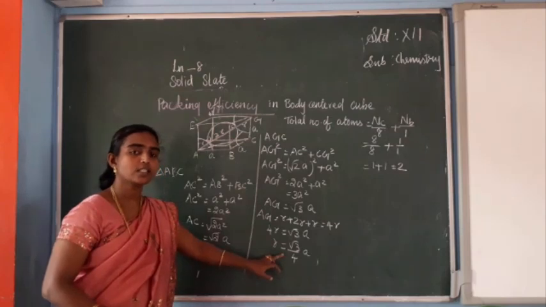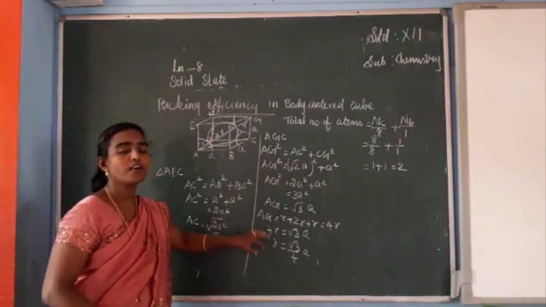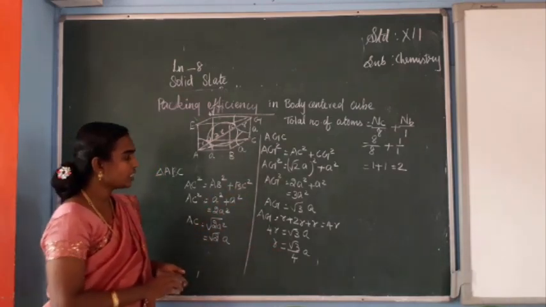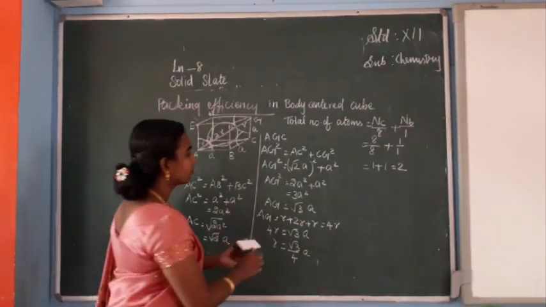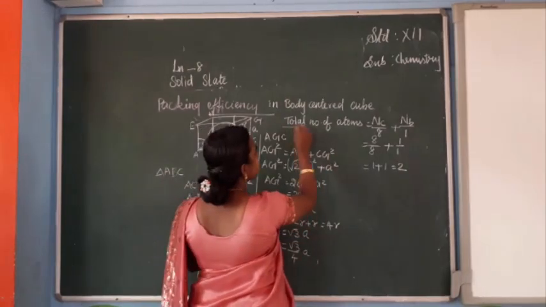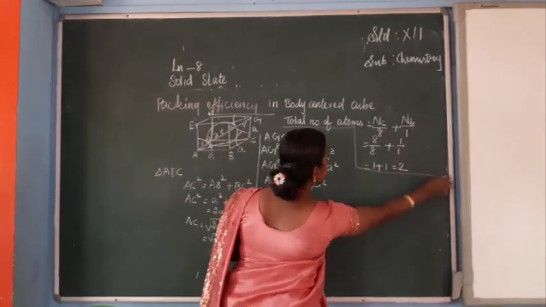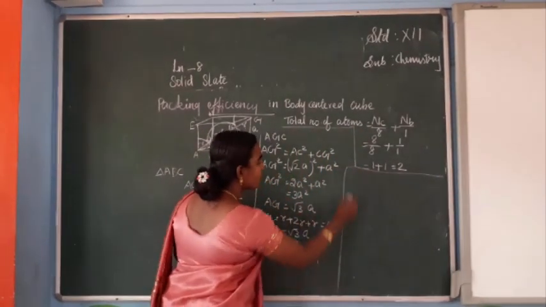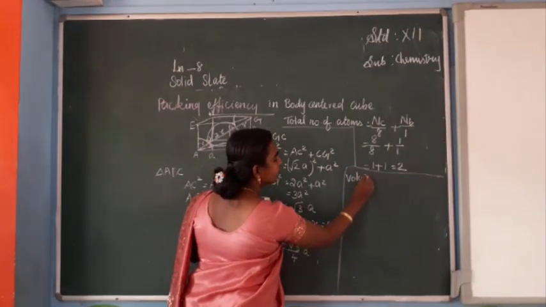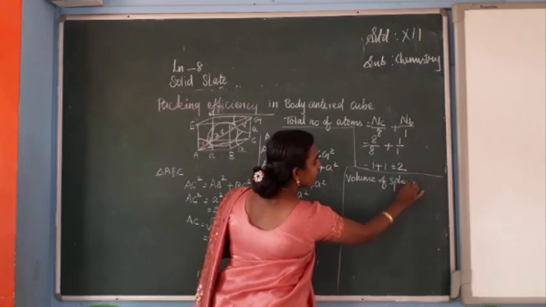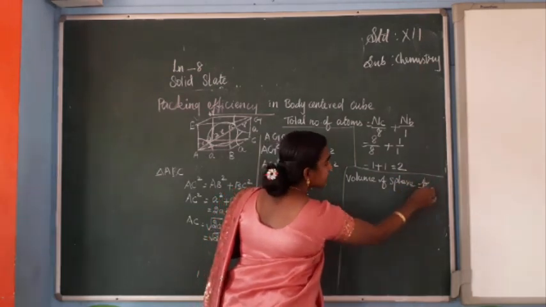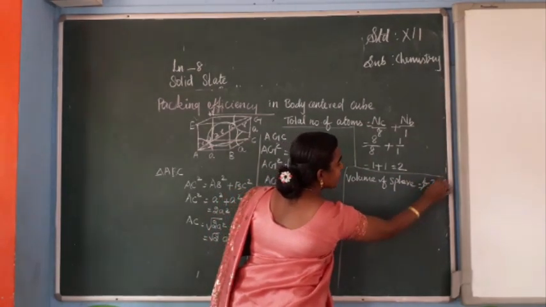So what's the next? What do you have to do? We have to calculate the volume of a sphere, isn't it? We already found the number of atoms, let it be. The volume of sphere formula is 4 by 3 pi r cube.